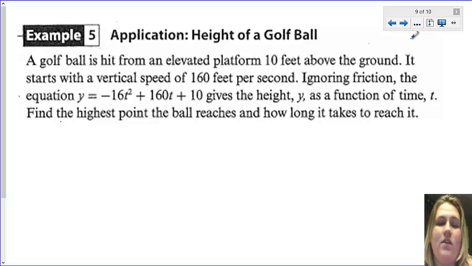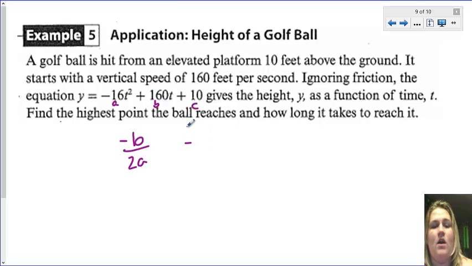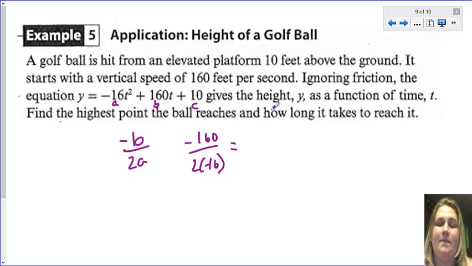So on this, what we're going to do is start by finding our axis of symmetry. So I have the opposite of b over 2a, and remember we have a, b, c, so negative 160 over 2 times negative 16, so I have negative 160 over, and then 2 times negative 16 is negative 32.